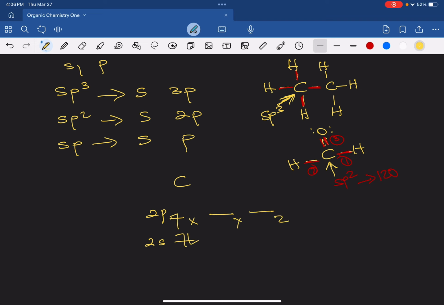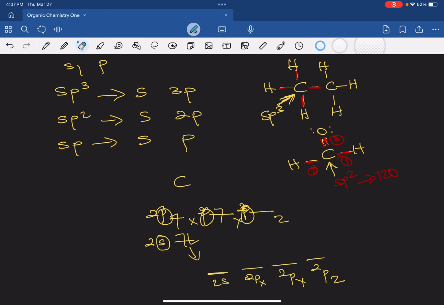There are 4 electrons in this valence shell. So this is what we mean by sp3 hybridization. It's the mixing of this 1 s orbital with our 3 p orbitals. That's simply what happens. The valence shells mix. So this is my 2s orbital, and I'm going to mix it with the 2px, 2py, and the 2pz.